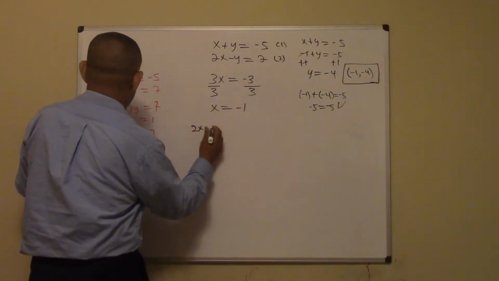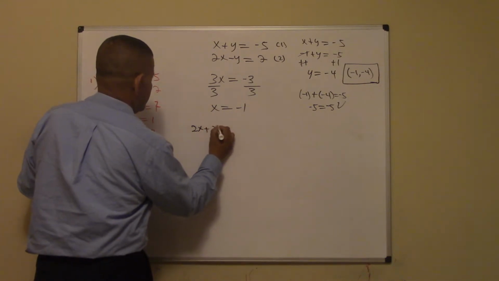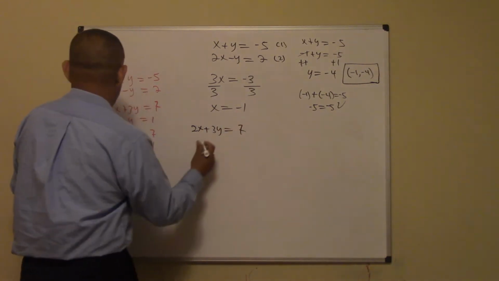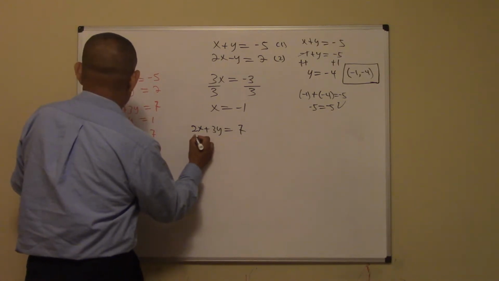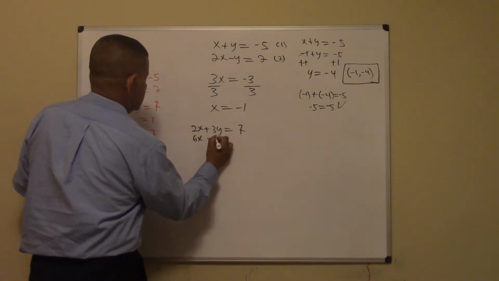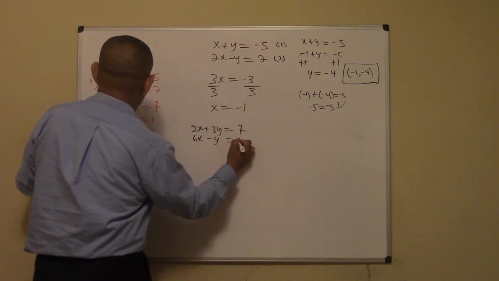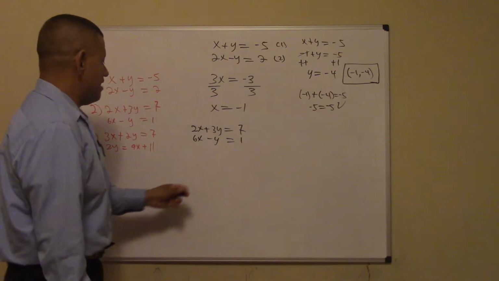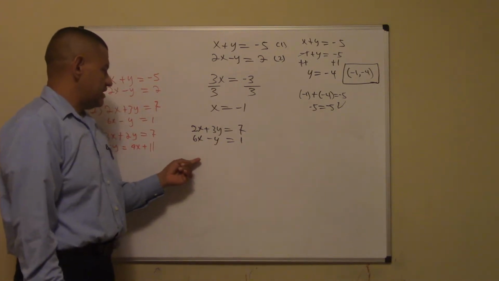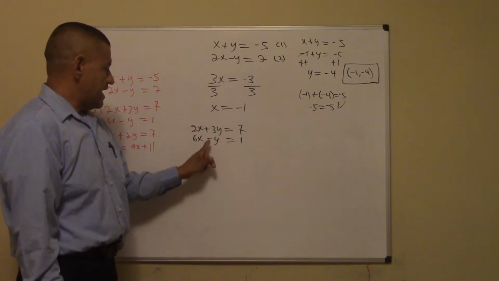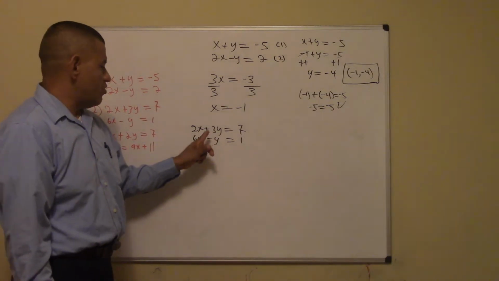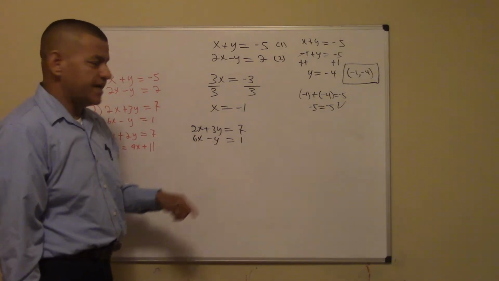So 2x plus 3y equal to 7, and 6x minus y equal to 1. Okay, now even if I want to cancel this, I get a negative sign, but the coefficients are different. So I want to get the same coefficient for y.